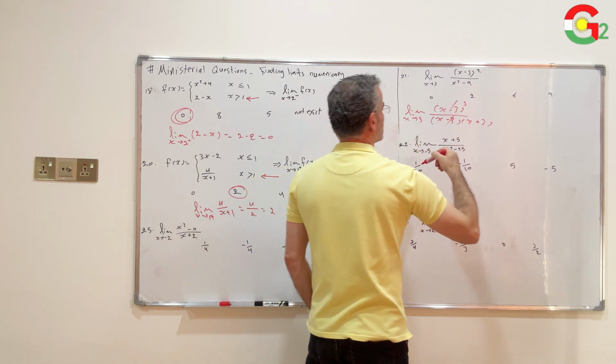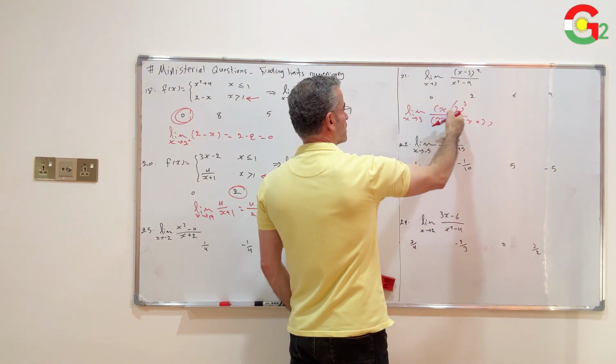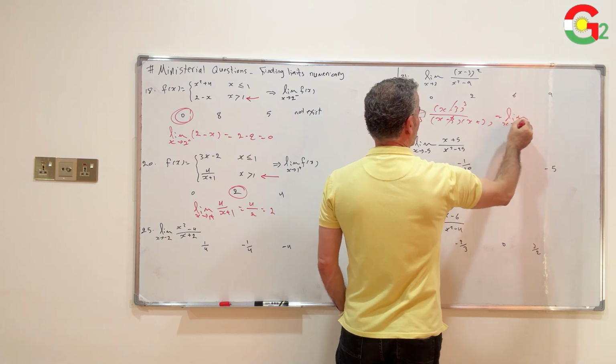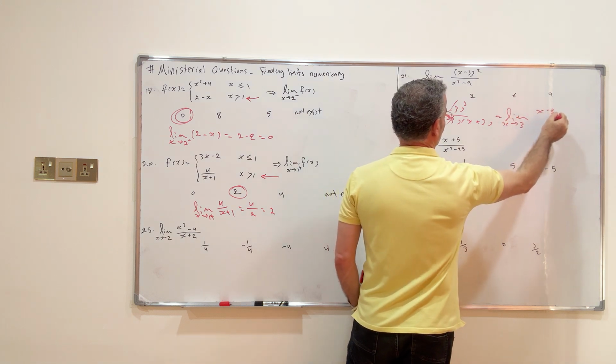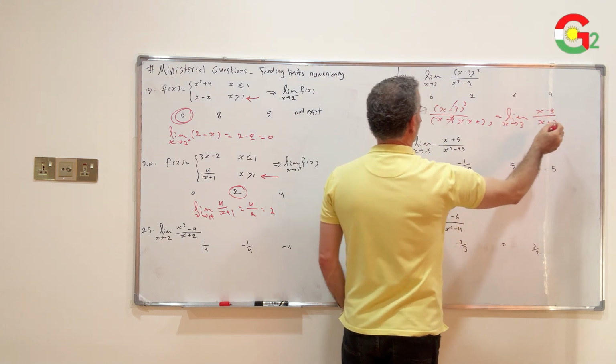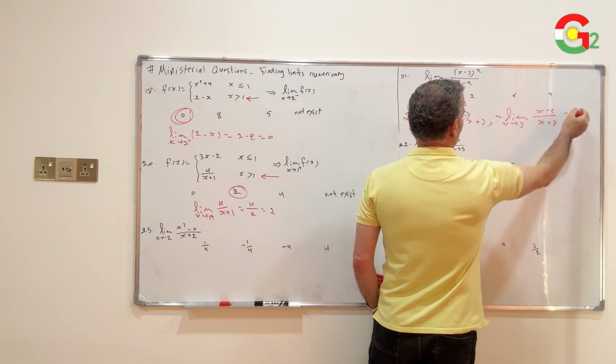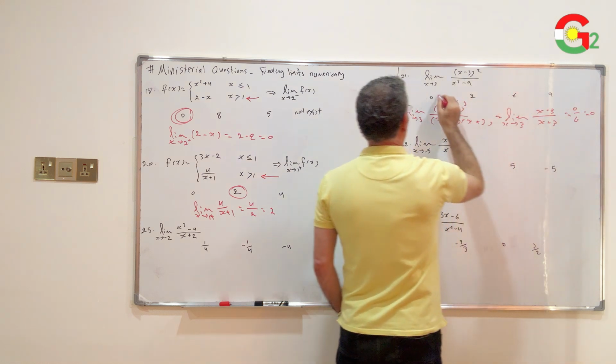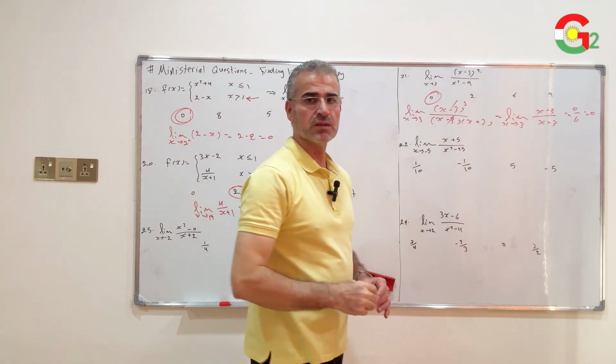You can reduce x minus 3 with x minus 3, then the limit will be limit x approach to 3 for x minus 3 over x plus 3. Substitute every x with a 3, 0 over 6 equals 0. The limit is 0.